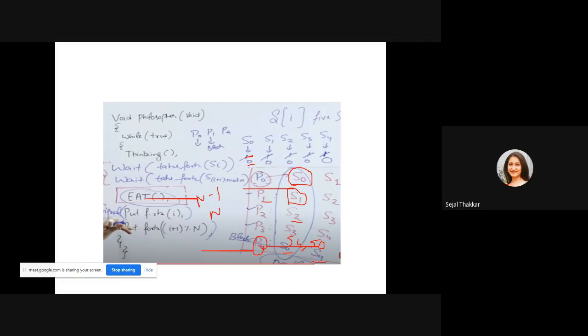So whenever P4 comes, it will try to decrease the value of S0 from 1 to 0, but it is already 0. So it is blocked. It is not allowed to enter. Now nobody has used S4, so S4's value remains as it is, 1. It will not become 0 because nobody is using S4.